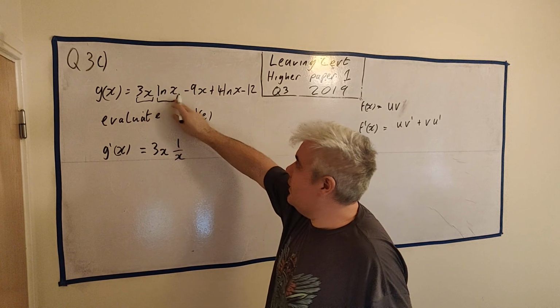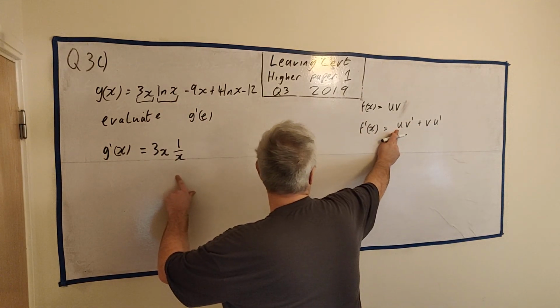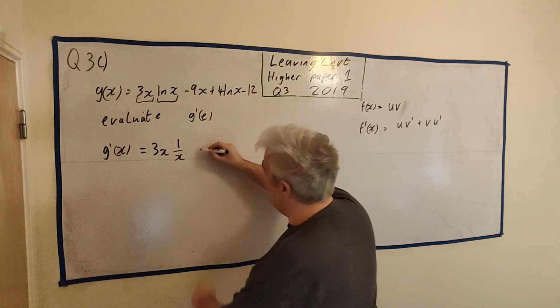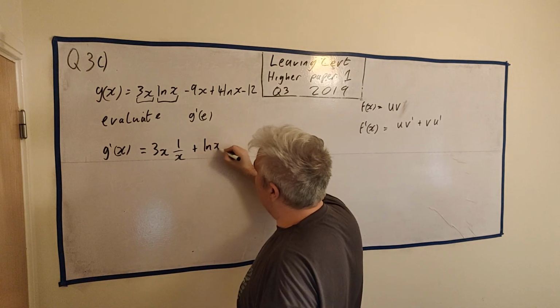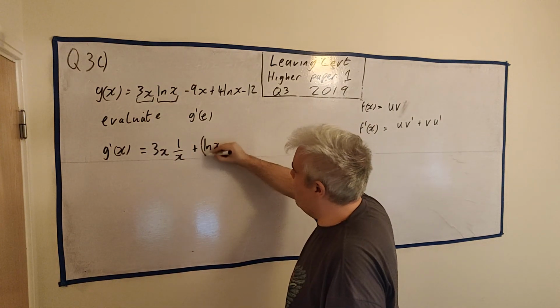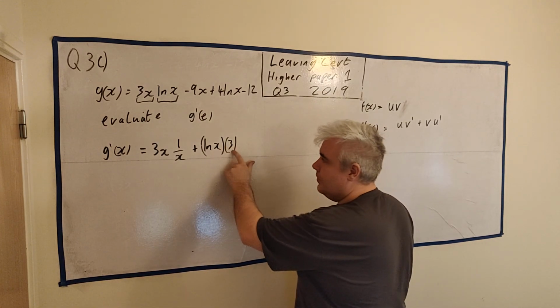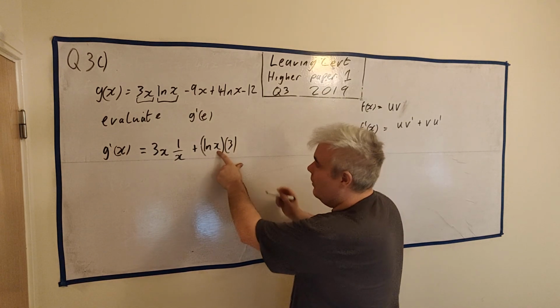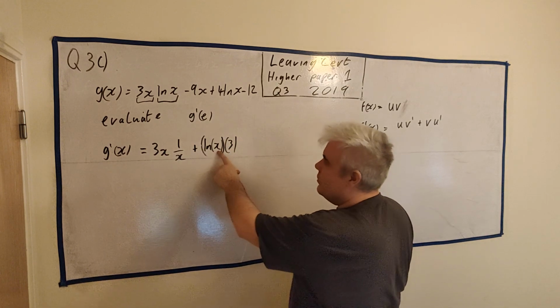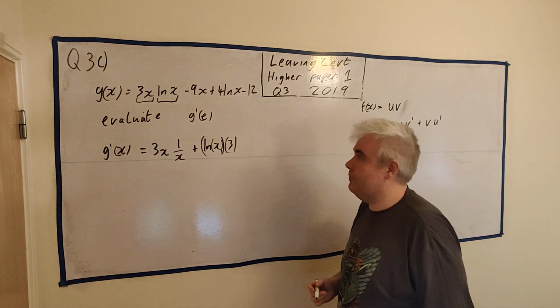But the derivative of natural log x is 1 over x. So that's u v prime plus v, that's natural log x, times the derivative of the other, and that's 3. Let's be careful when we're multiplying by 3. It can get confused. You don't want the 3 to become inside the natural log; it's only the x. This 3 we can write out front if we're a bit more careful.